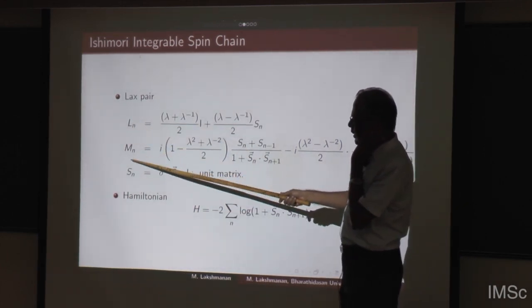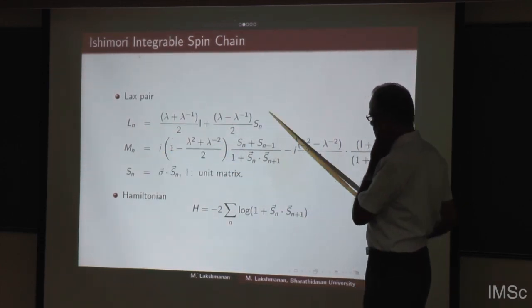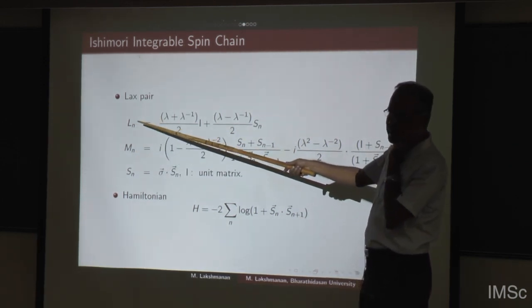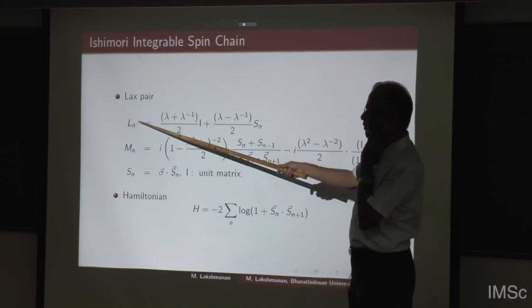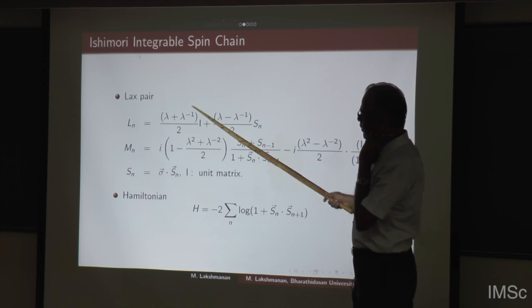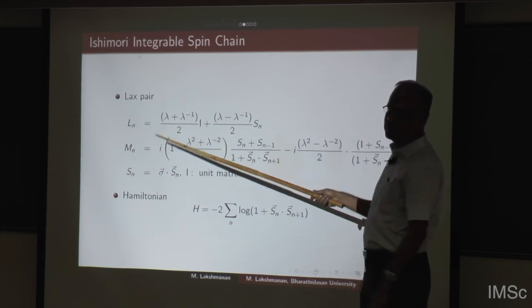So you take this operator Ln and this operator Mn, and then dLn/dt is the commutator of Ln and Mn+1, something like that. If you do that, then you get the Ishimori equation.